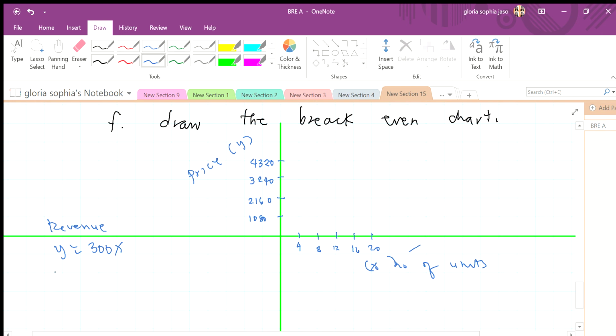And the Y sub C, or the total cost, is 180x, the variable cost per unit, plus the fixed cost 2,160. Then our fixed cost is y equals 2,160.